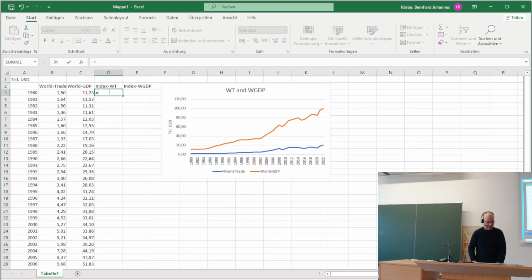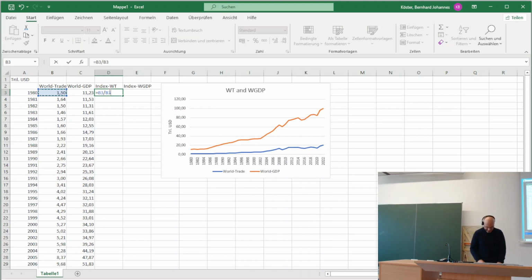So I take 150 over my starting point, 150, and then I want to move on relative to this 150, so I have to divide every number by 150.